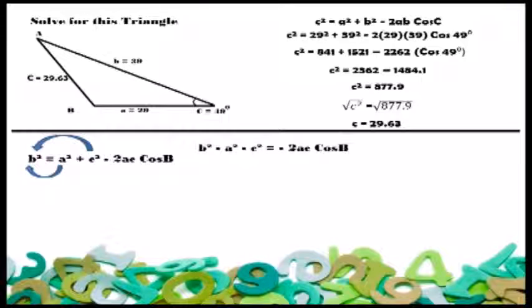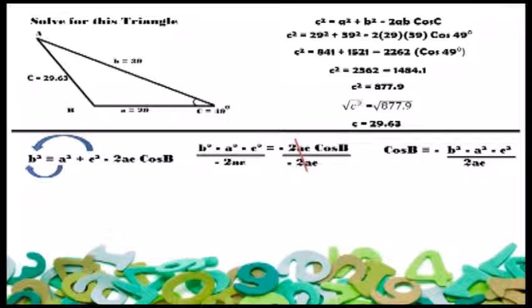So here it looks like. Now divide both sides by negative 2ac to get the value of cosine B. So cosine B is equal to negative b squared minus a squared minus c squared over 2ac.